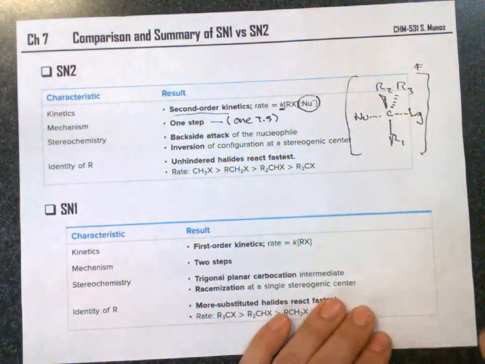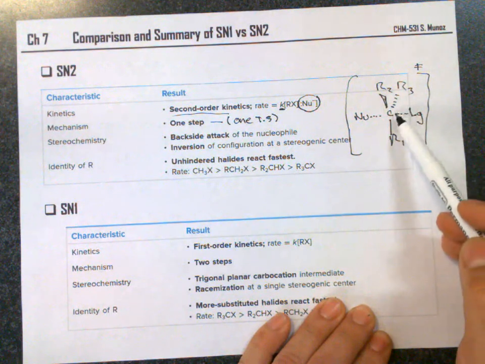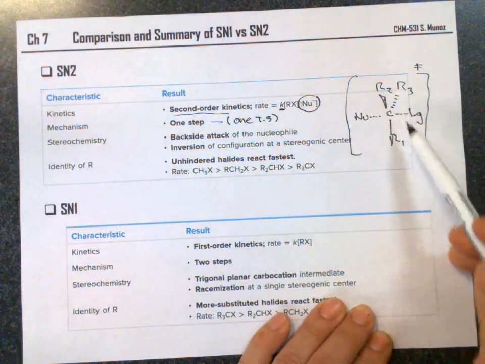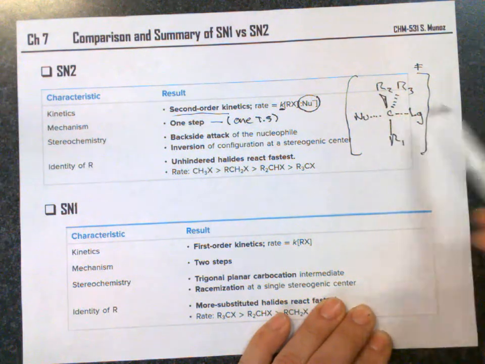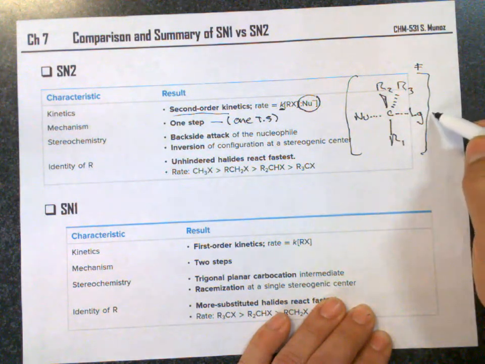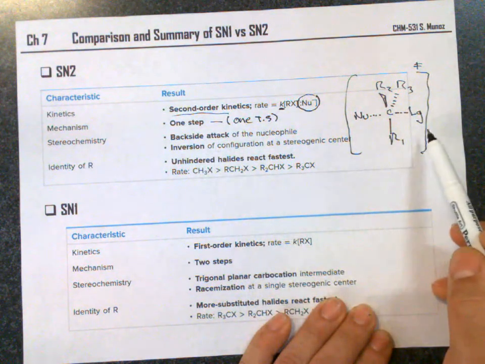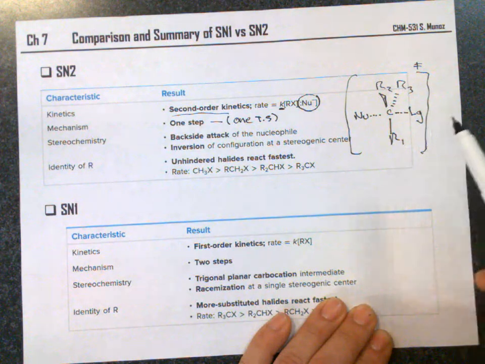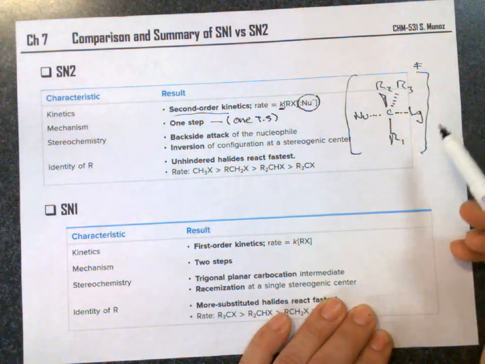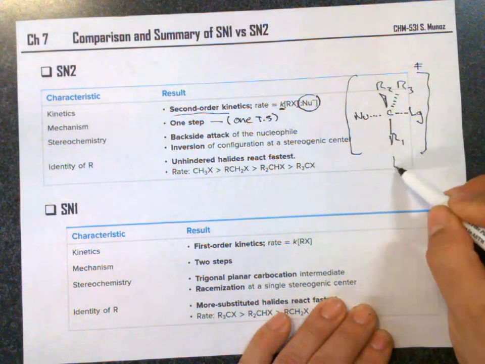And this is a transition state, trigonal bipyramidal, flat in terms of only the carbon species. It's only one step. Then this leaving group leaves, and then the nucleophile turns into products. Inversion of configuration is a result of this transition state, because of the backside attack of the nucleophile, then you flip the umbrella.